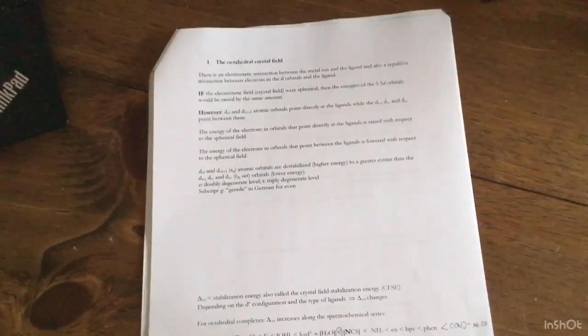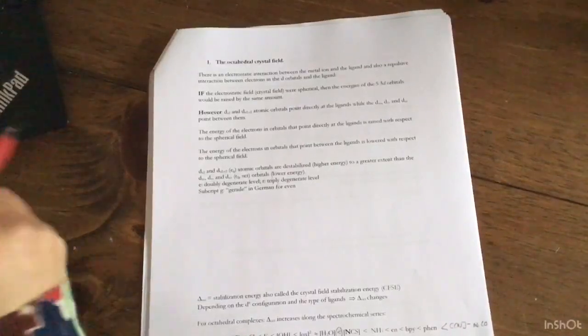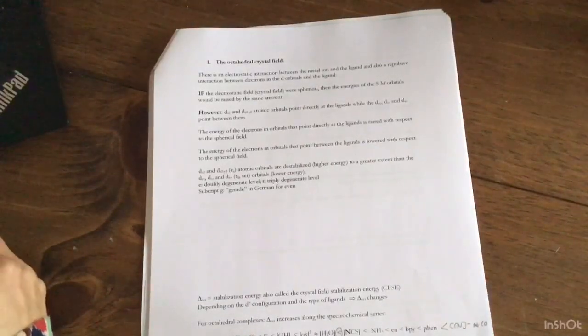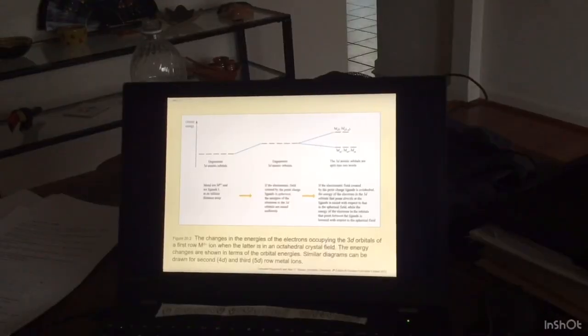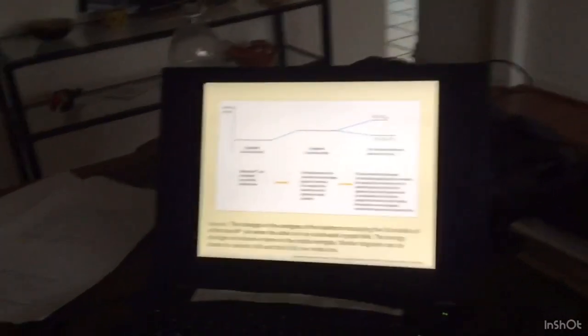However, we know that this is not the case because the dx squared minus y squared and the dz squared orbitals point directly at the ligands, while the other 3, the dxy, the dxz, and the dyz, point between them. So the energy of these two different sets of orbitals is not at the same level. If we look at how the two sets of d orbitals are split in terms of energy, if they were degenerate, they would be at the same energy level.